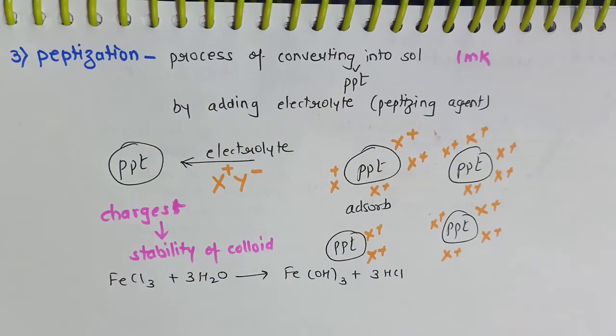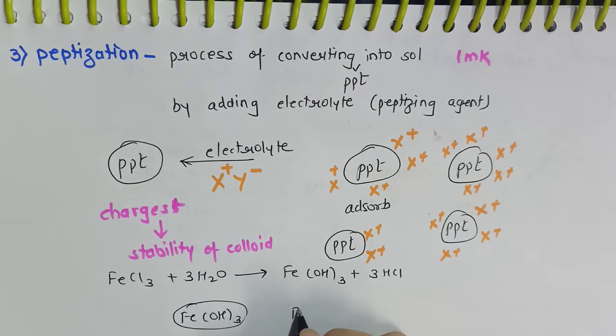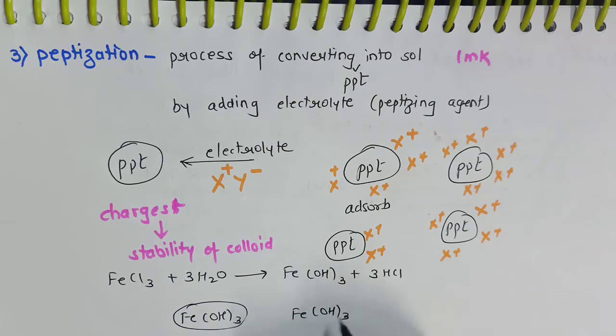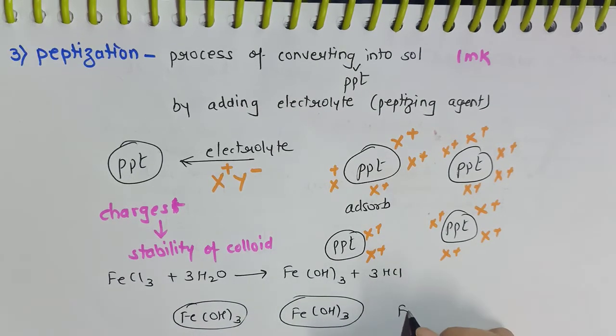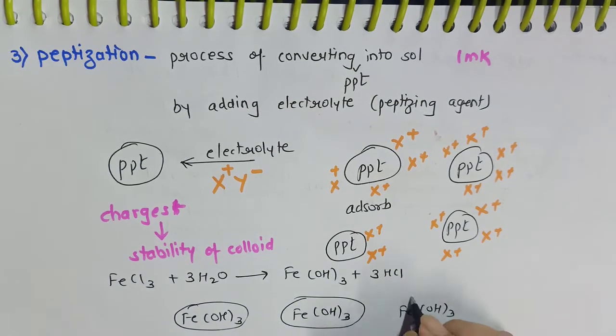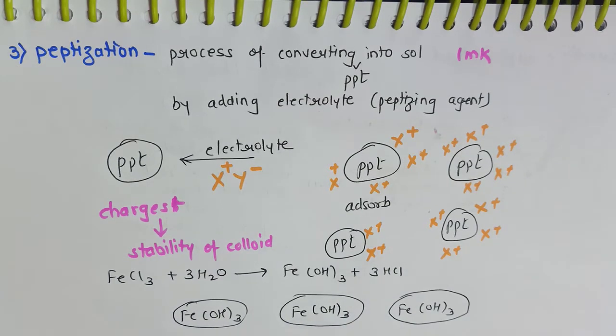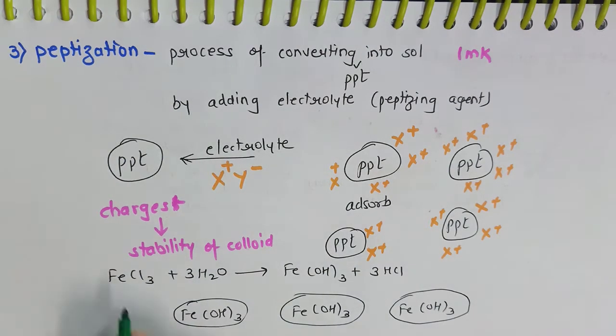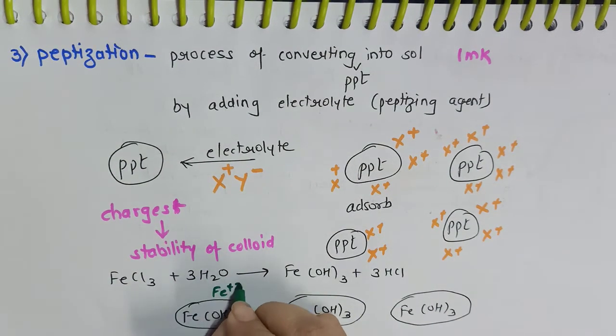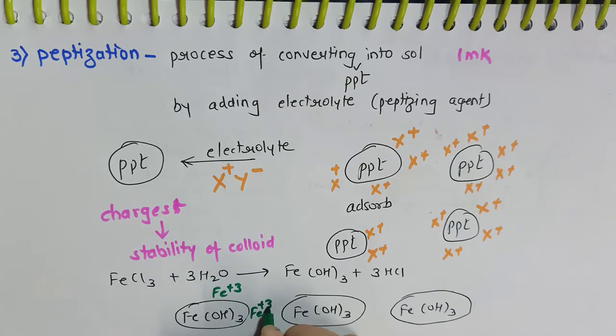Let us take the example of ferric chloride reacting with water to give sol of ferric hydroxide. Now this ferric hydroxide, first of all, is obtained in the precipitate form. So we'll have many molecules of precipitate of ferric hydroxide and it will adsorb Fe plus 3 ion from FeCl3.